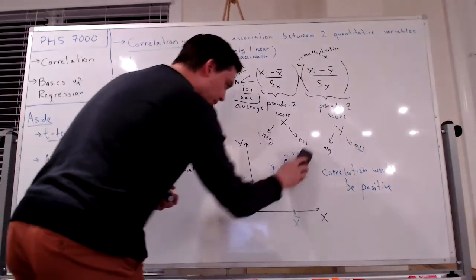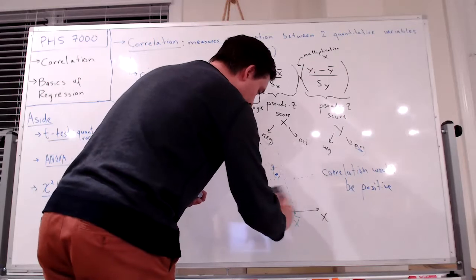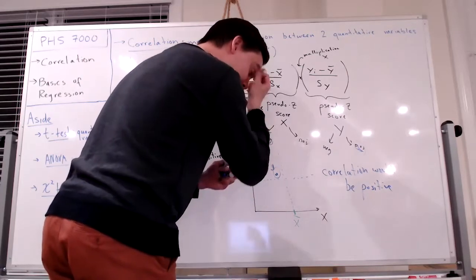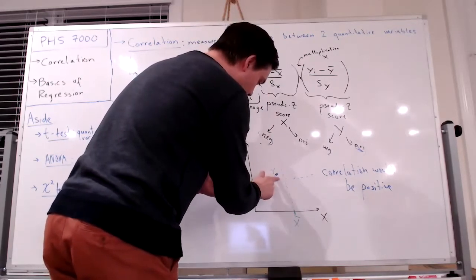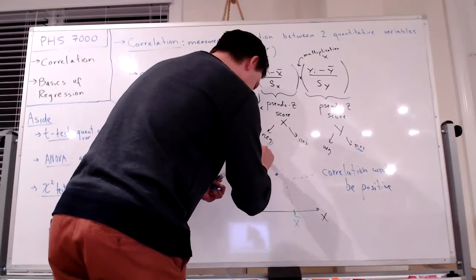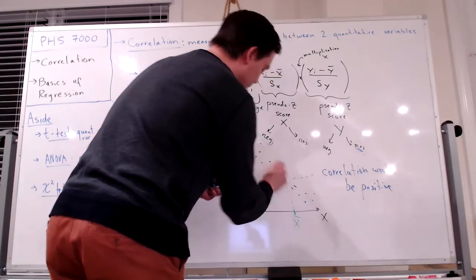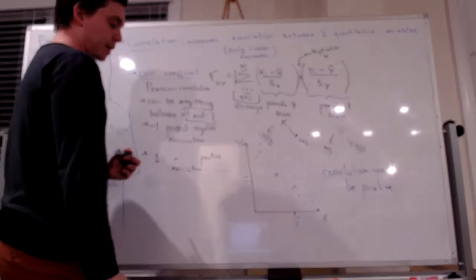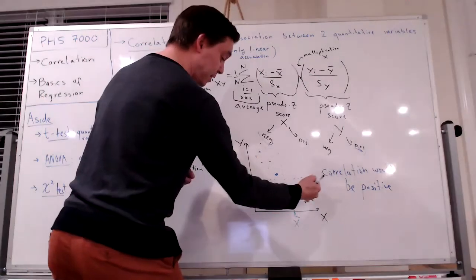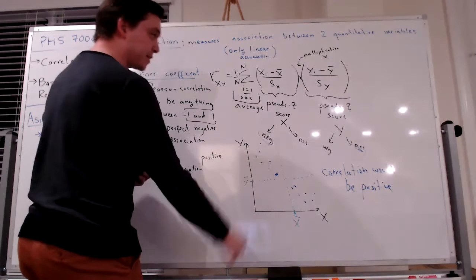I'm not going to bore you by doing a negative correlation the same way, but you will recognize that I would need to fill in this quadrant up here with data, and this quadrant right here with data. Then X is above the mean when Y is below the mean, and vice versa.